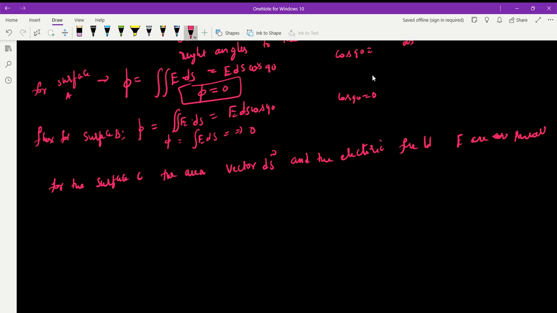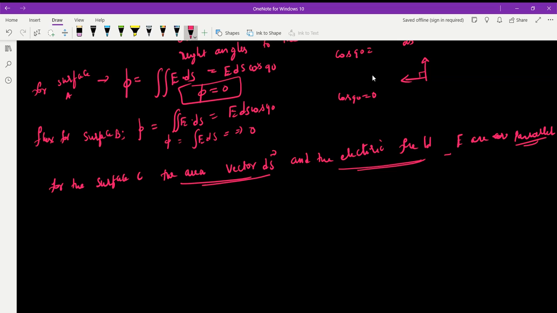In the earlier case, for A and B, the area vector ds and the electric field E were normal to each other, that is, perpendicular, so the flux was 0.